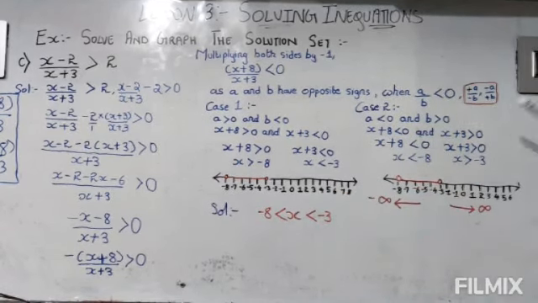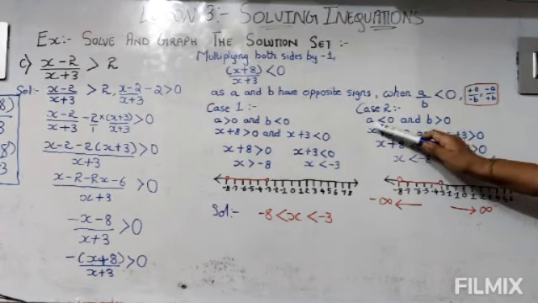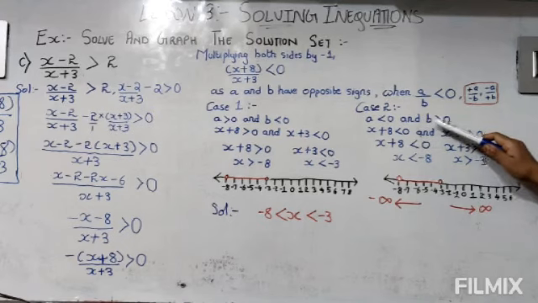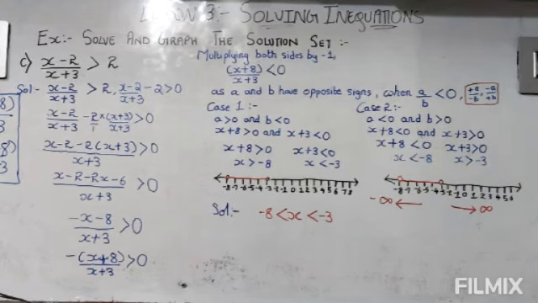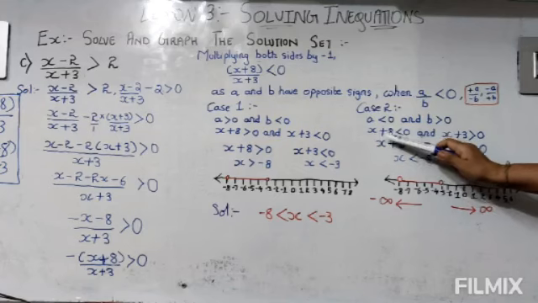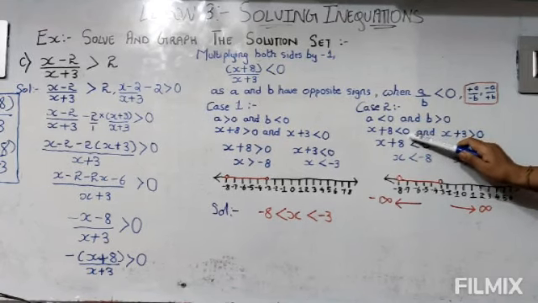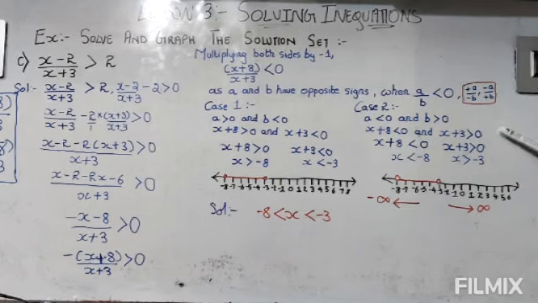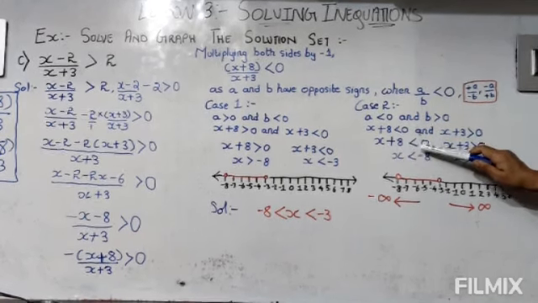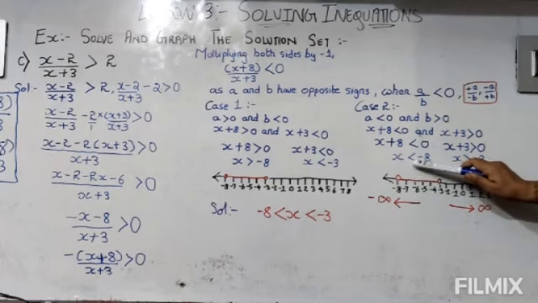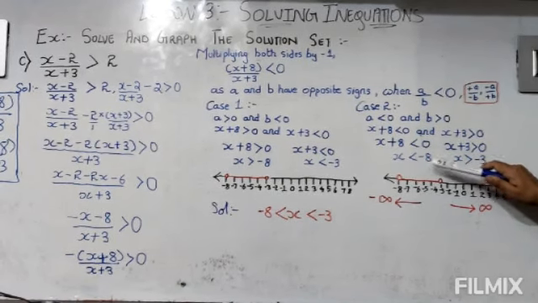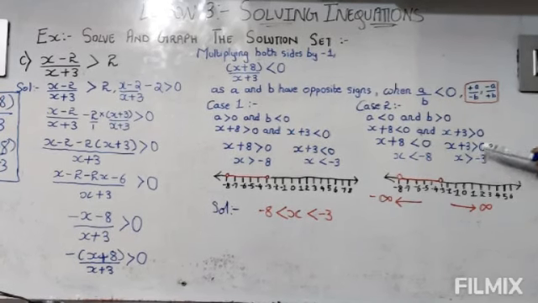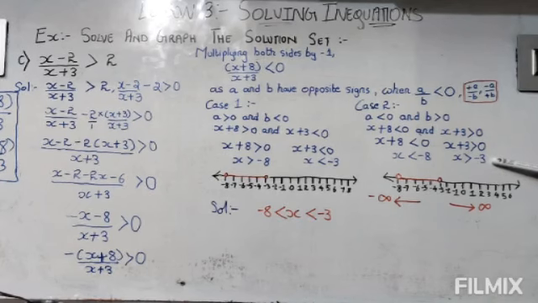Understood? Now in case 2, if I take A less than 0 and B greater than 0, then x plus 8 is less than 0 and x plus 3 is greater than 0. X plus 8 less than 0 means x is less than minus 8. X plus 3 greater than 0 means x is greater than minus 3.